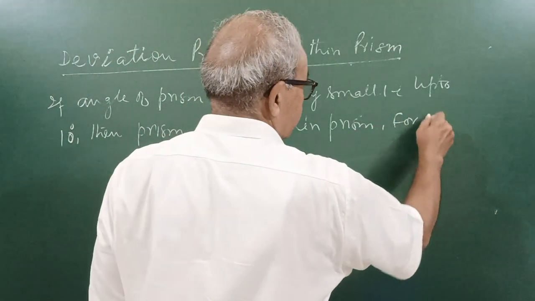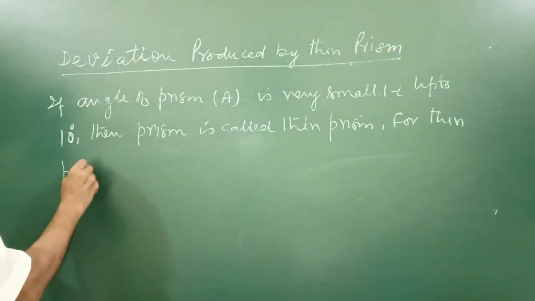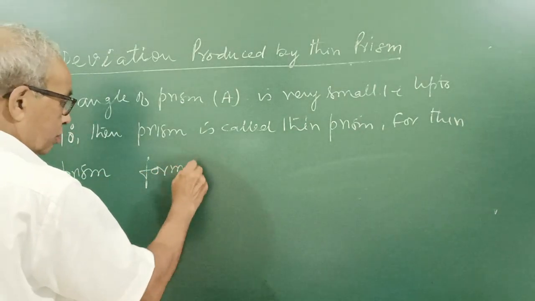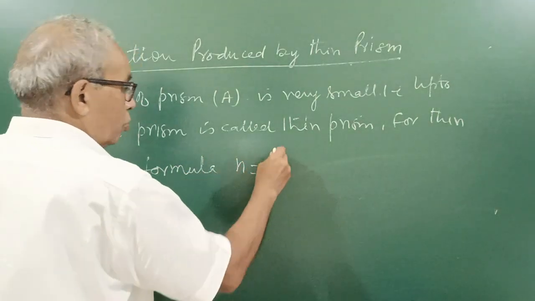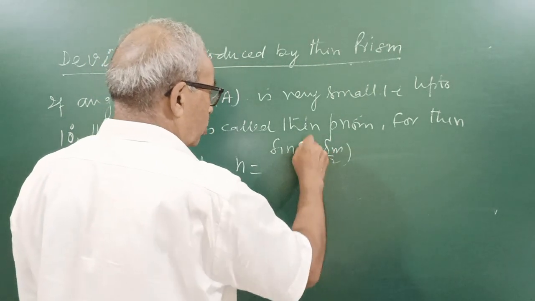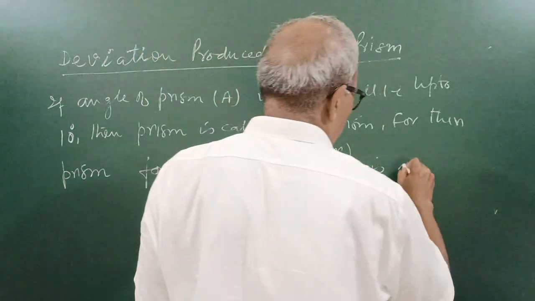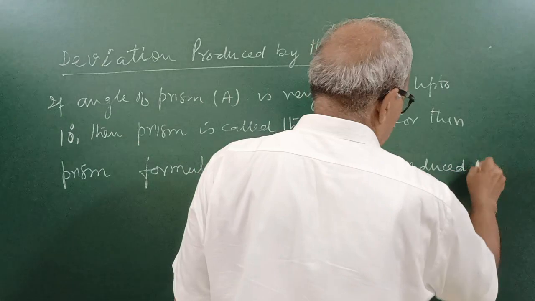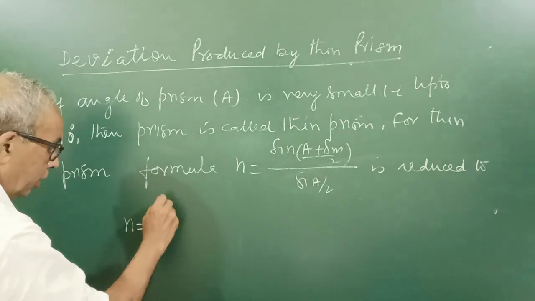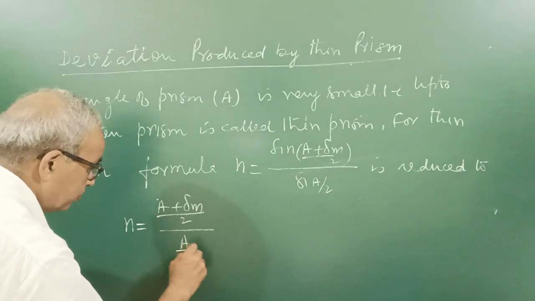Now, for a thin prism, the formula n equal to sine (A plus delta m) by 2 upon sine A by 2 is reduced to n equal to (A plus delta m) by 2 upon A by 2.